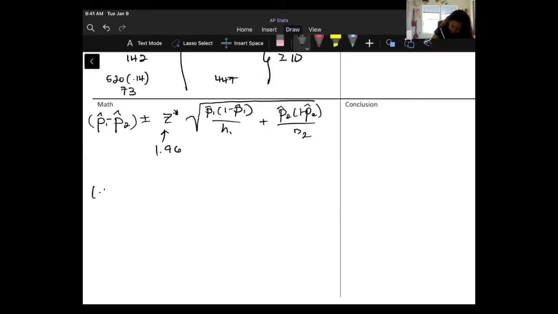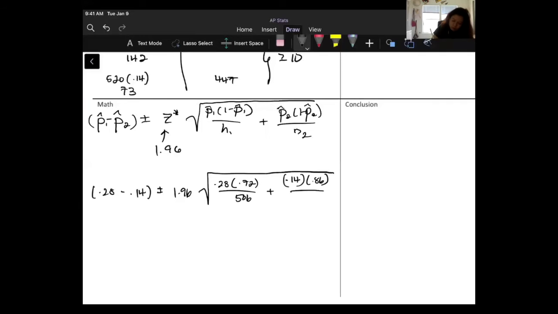So 0.28 minus 0.14 plus or minus 1.96 times the square root of 0.28 times 0.72 divided by 506 plus 0.14 times 0.86 over 520. You get an interval of 0.09, comma 0.19.